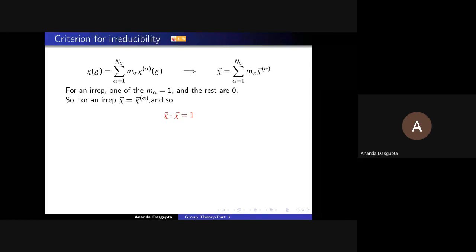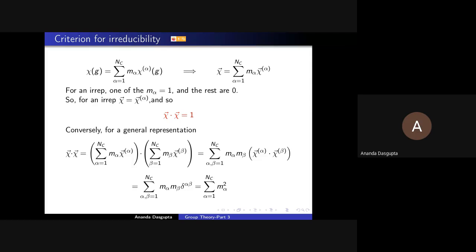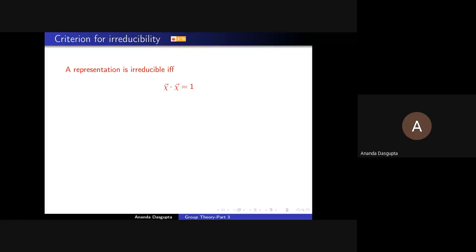That's the criterion for irreducibility. All you have to do is take the dot product of chi with itself and ask, is it 1? And if it is, then you have got an irreducible representation. If it's not 1, you haven't got an irreducible representation. So the proof I'm going to skip over. It's a straightforward proof. Do it as homework.